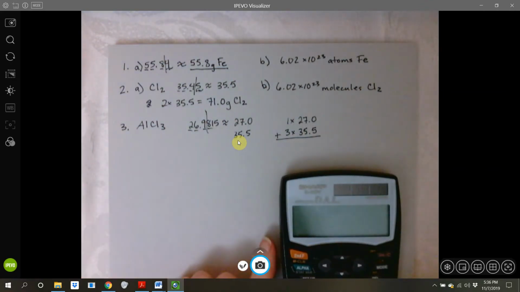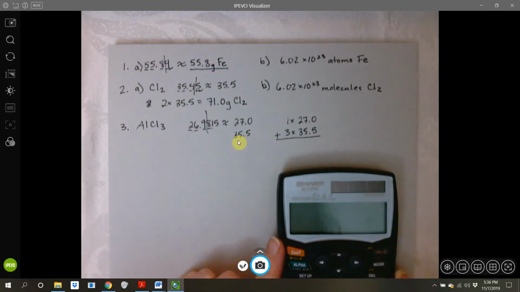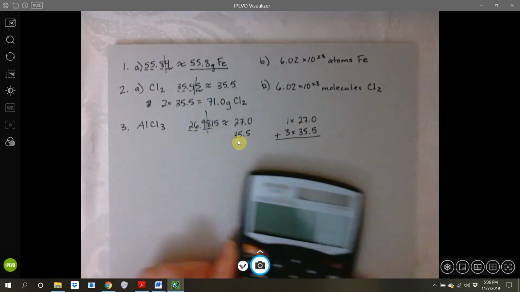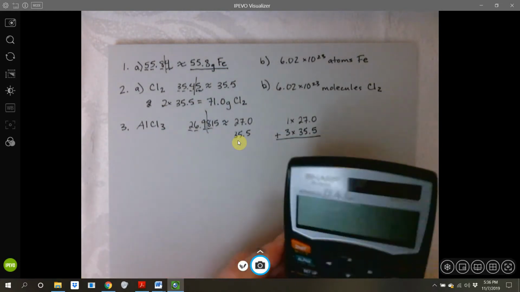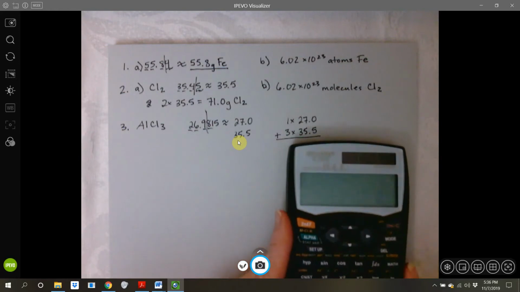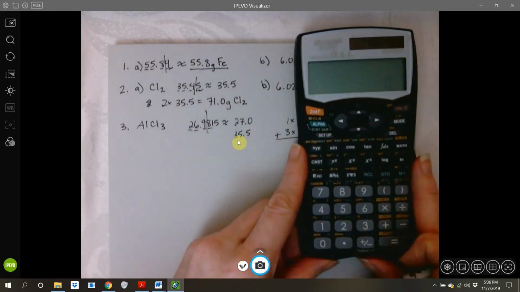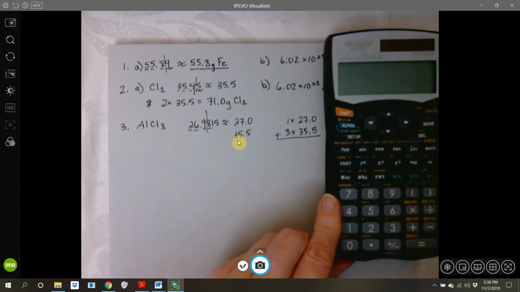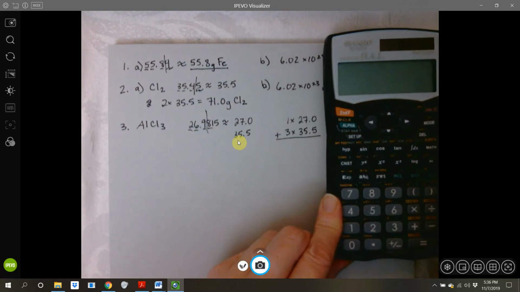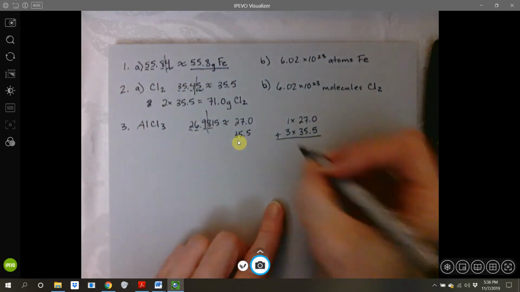I don't know if you'll be able to see my calculator screen. Maybe not. Let's try that anyway. We've got 27 plus 35.5 plus 35.5. You can times it by 3 if you want, but there's 3 of them there. And I'm getting 133.5.